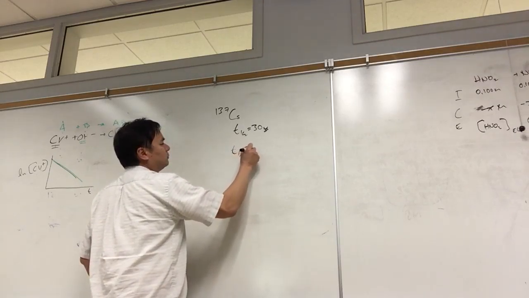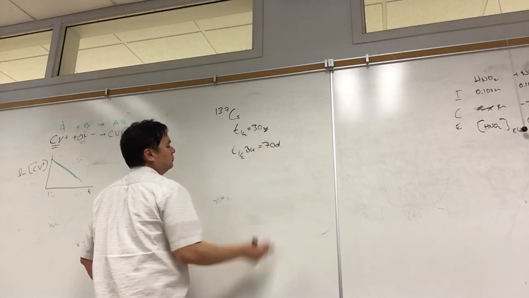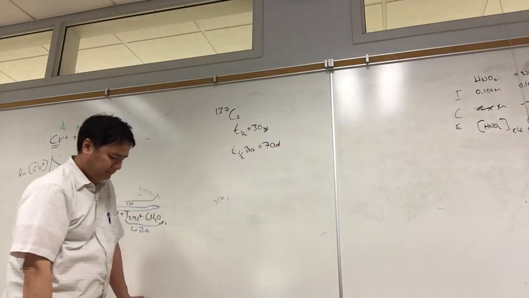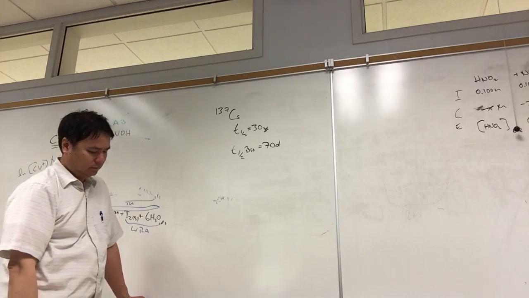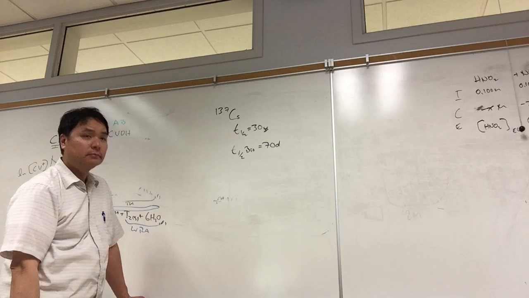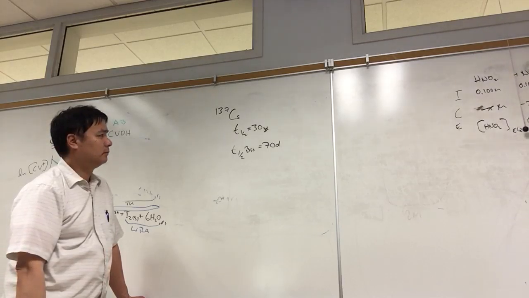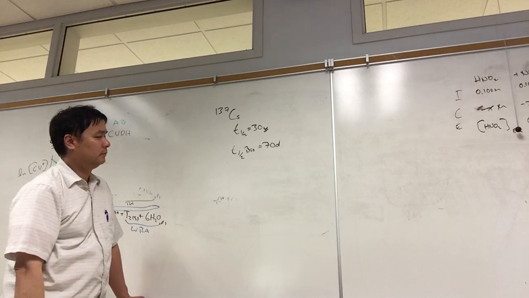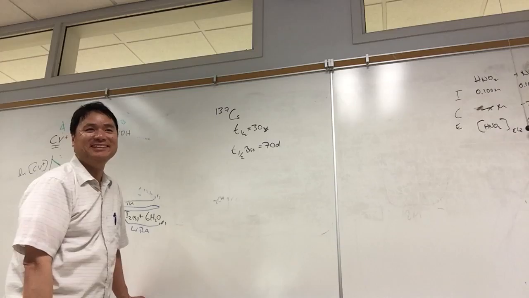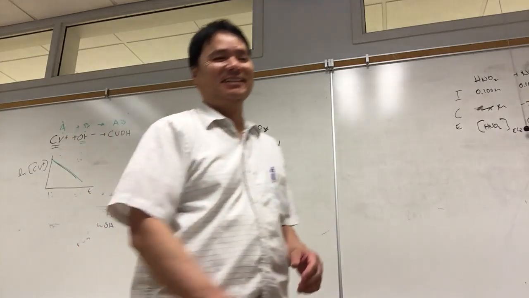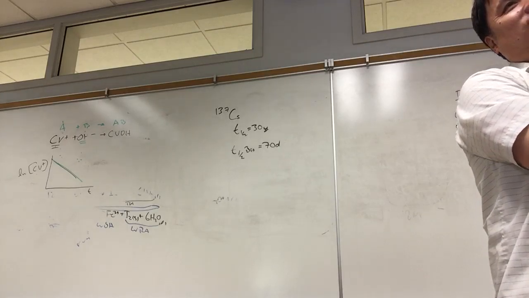Sequestering it forms a complex, Fe(CN)6 in brackets, an iron cyano complex with 6 cyanide ligands. What is the half-life of 30 days, and how long will it take to reach 99%?